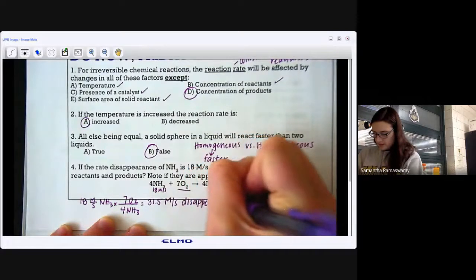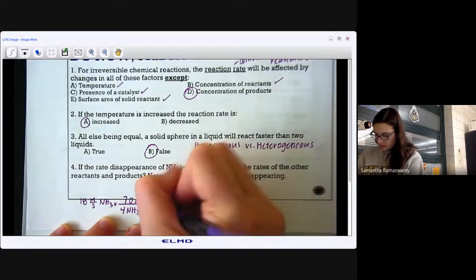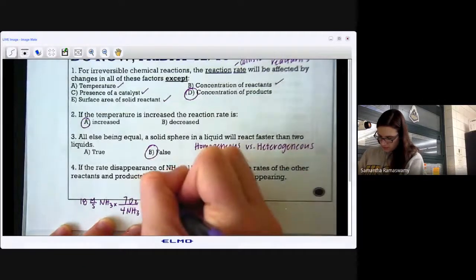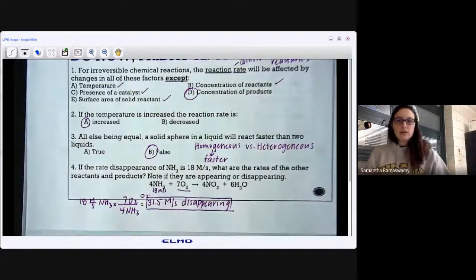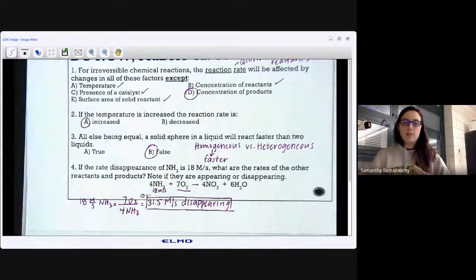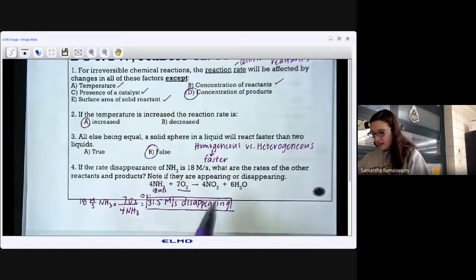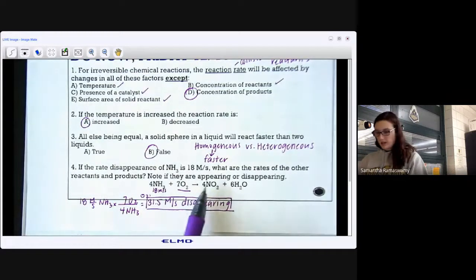So I'll label O2 up here. Oxygen, O2, is disappearing at a rate of 31.5 molar per second. It has a higher coefficient than NH3, so it makes sense that it has a higher rate. Now, I could set it up, but I know I'm going to run out of space, so I'm just going to focus on the coefficients here.